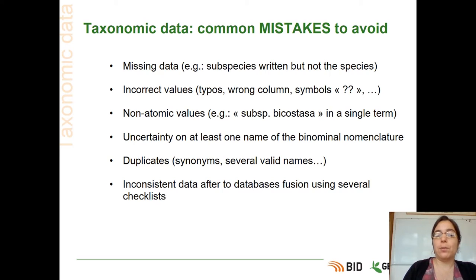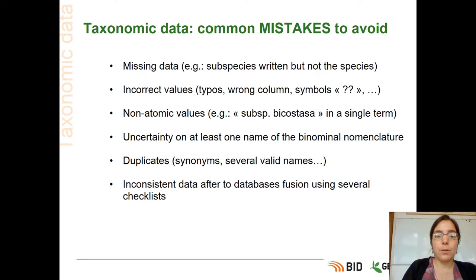For example, subspecies Bicostasa in a single term. So in Darwin core, the standard that is used within GBIF, there's a field for the subspecies rank and another field for the subspecies value. So you must be careful not to merge these two fields in a single term.